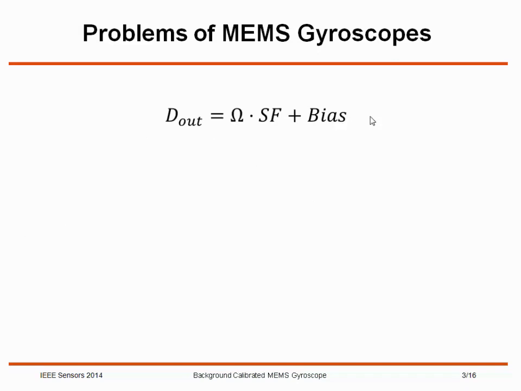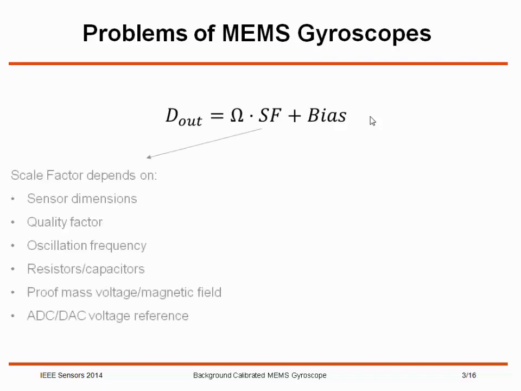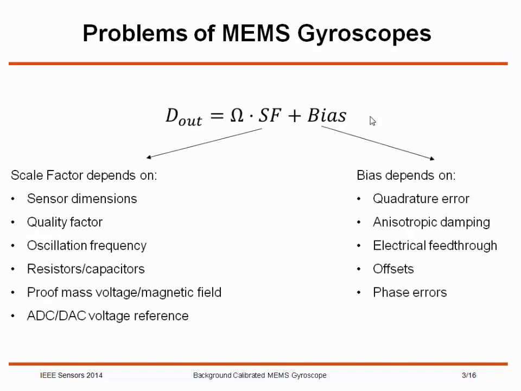So the MEMS gyroscope is basically trying to measure the angular rates. That is basically omega here. And at the end of the day, we want to get the digital output from our gyroscope. So we have input and output. In this input-output relationship, we have slope that is called scale factor, and we have also offset. It is called bias. So the problem is that both scale factor and the bias depend on several parameters.